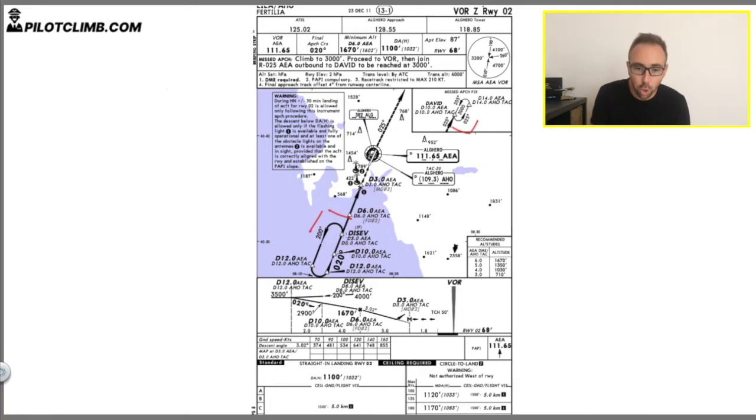So when you join over this, for example, from here, you fly over this, you do this procedure there, and then you do like that. This is part of a procedure, and this holding is still part of a procedure, but it's made to make up time. But this one is actually something that you have to fly. It's not made for time, it's made to let you be established inbound.